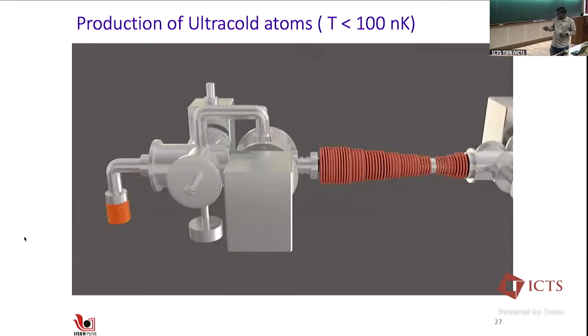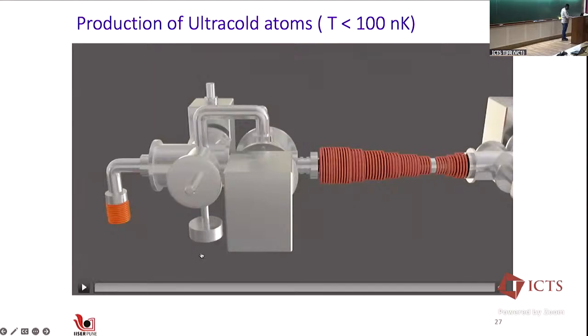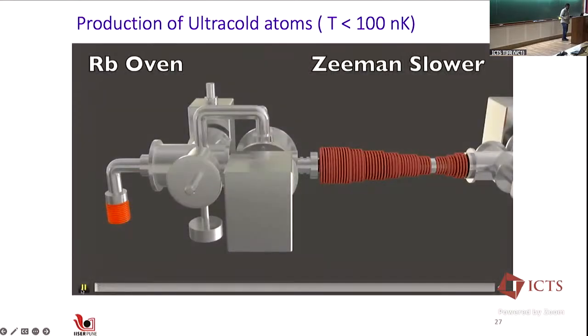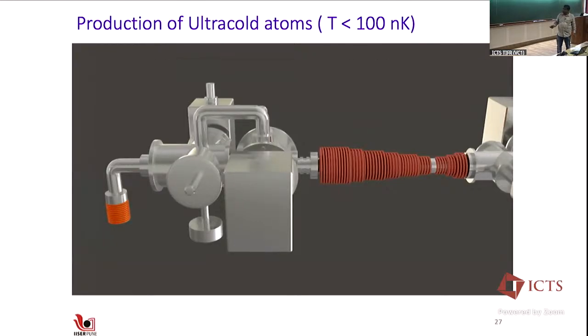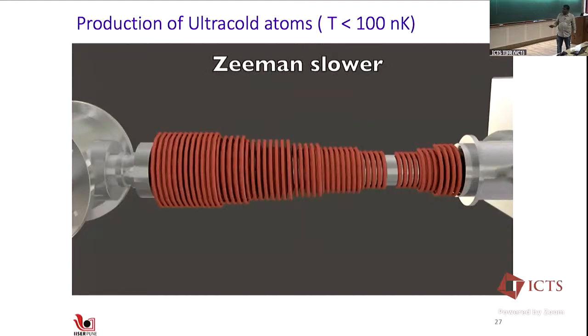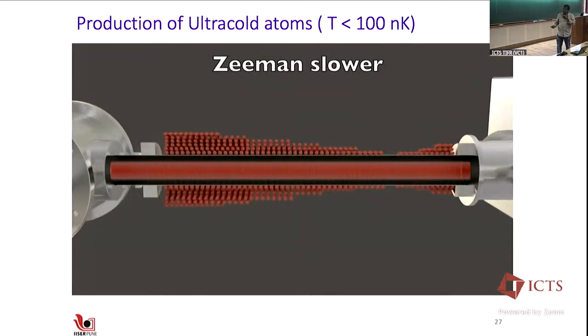This is for the students, an animation of how it is done, but this is for a magnetic trap in our earlier version. You start with the rubidium, which is heated in some part of the chamber. You generate an atomic beam. There are multiple ways to do it. The way we do it is this.